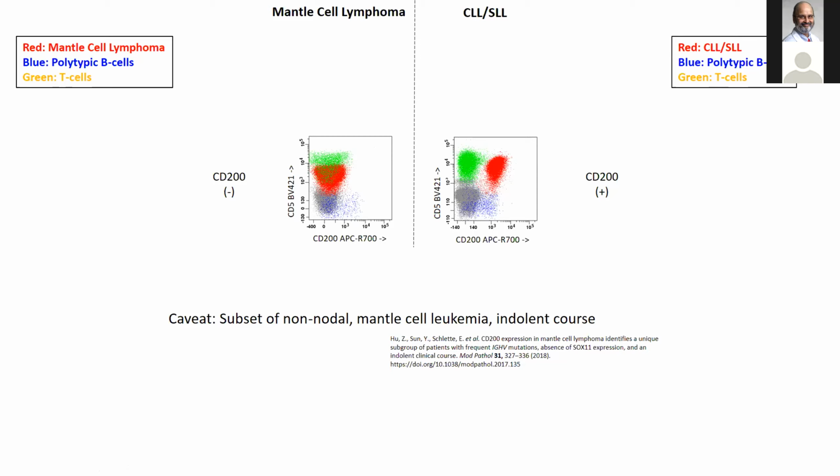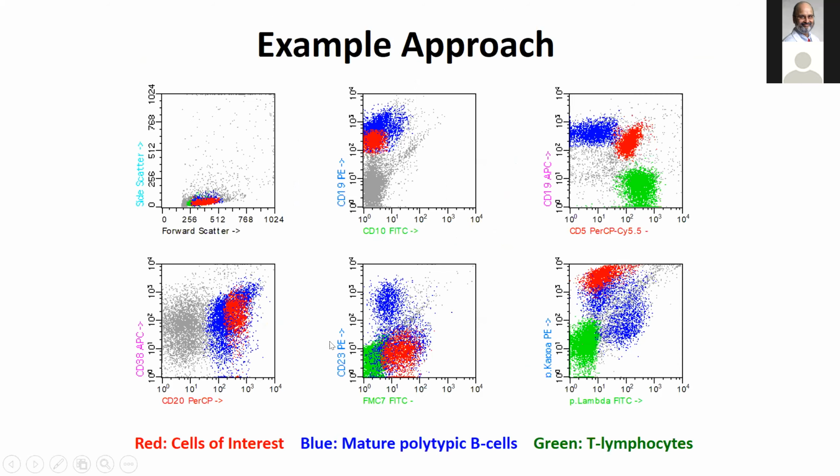So in those cases, your surface immunoglobulin light chain and your CD20 would likely be bright positive, but then you would see a CD5 positive lymphoma that was CD200 positive. And so then you would do the molecular type studies and genetic studies to see if you're dealing with one of these subsets of mantle cell lymphoma. I put down here the reference for the paper that actually talks about that.